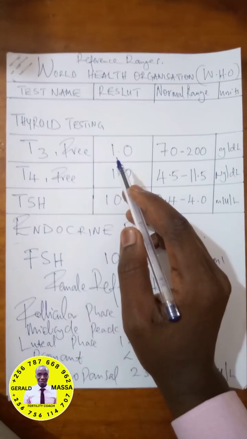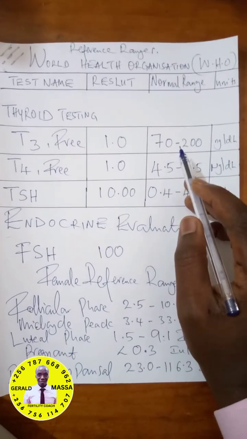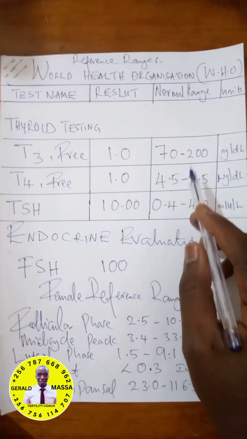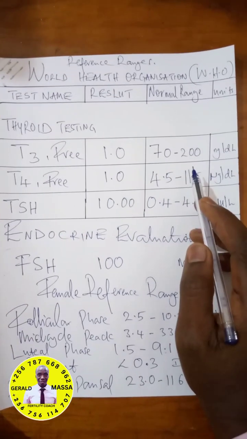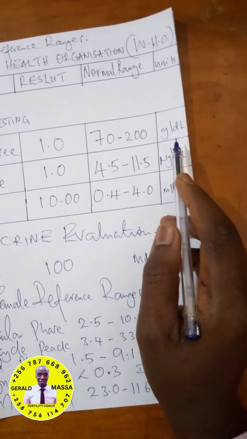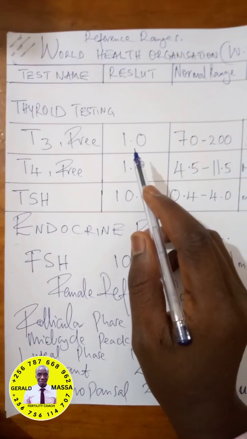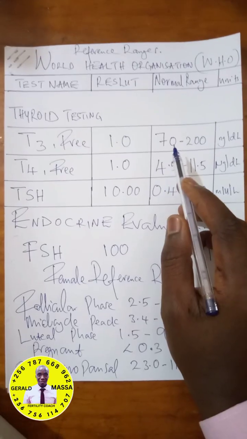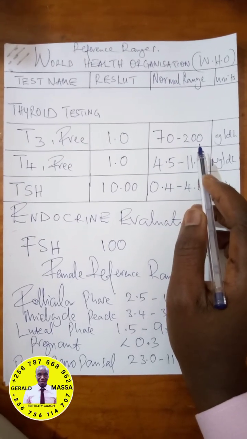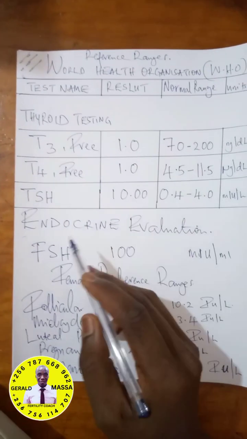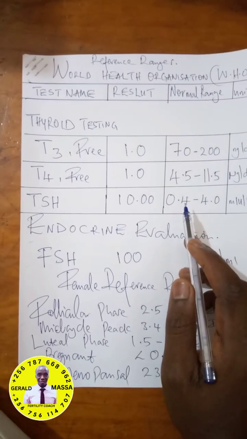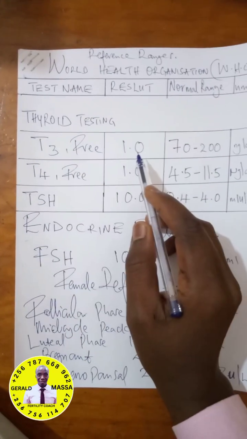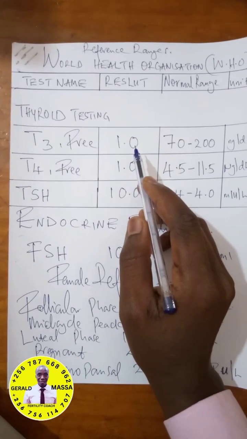In this report, she scored 1.0. The normal is 70 up to 200. Remember, I'm following the World Health Organization. If the normal is 70 up to 200 nanograms per deciliter, and she scored 1.0, what does this mean? It simply means that your thyroid gland is releasing low levels of the T3 hormone.